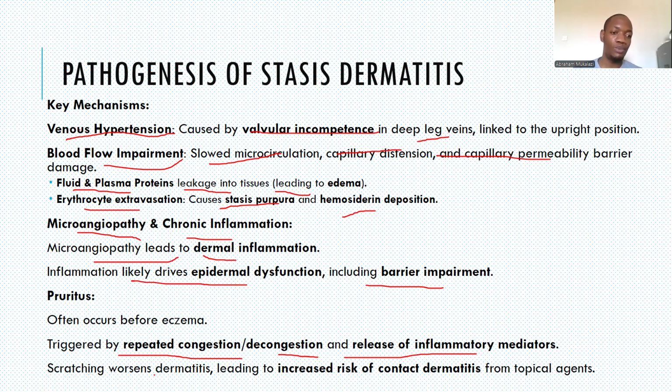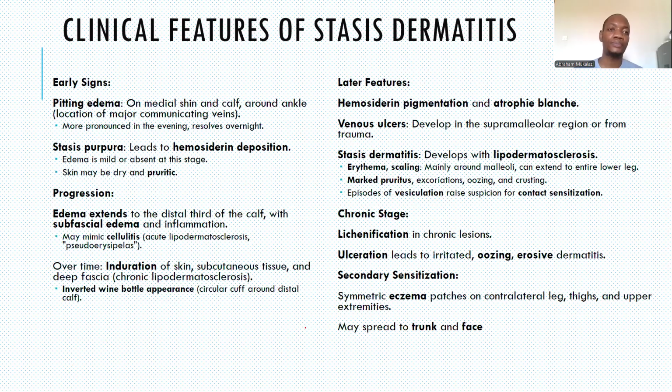So oftentimes we see scratching, which also worsens the pruritus because it puts you in an itch-scratch cycle, whereby you feel the itch, you scratch, then the scratch gives you a good feeling, so it makes you itch again, and the cycle continues.